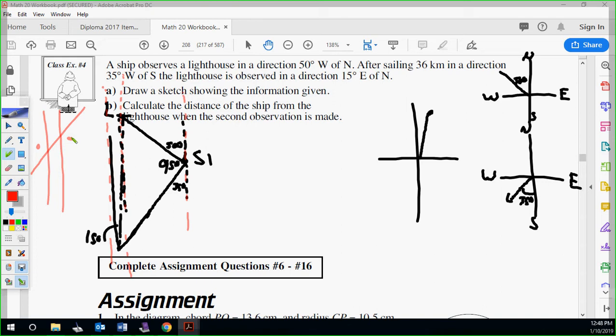I'll probably give you more information. What's that? Good question. I'm talking about just this piece here. So the 15 is right here, remember? It's past. Which way is east? Yeah, to the right.